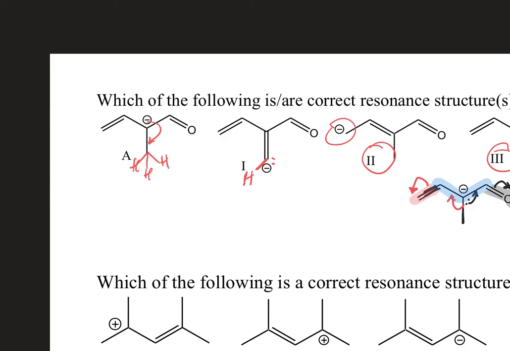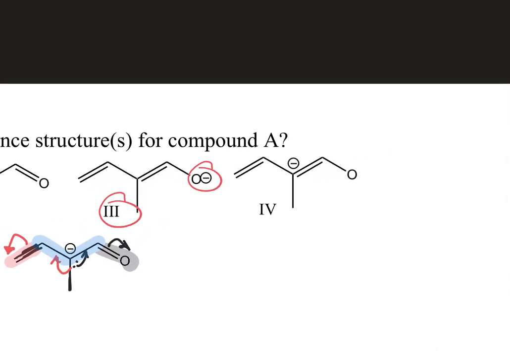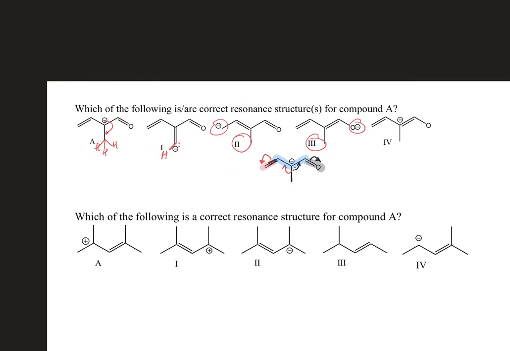So where did the other two go? And then this one, it looks like they just forgot to move the charge from the middle one out to there, so that one's wrong for that reason.